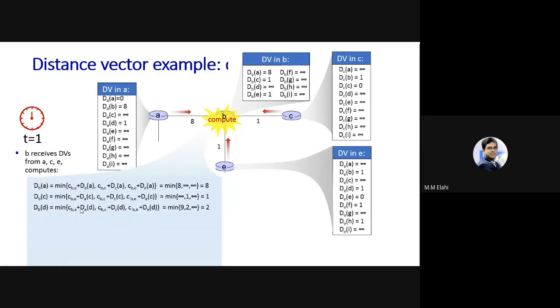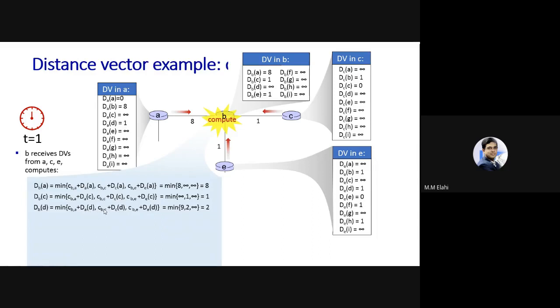So when I say D, A to D, B will know I have to find this value from A's advertisement. So from all possible values advertised by A, it will find D, A to D equals 1. So it will put 1 here. So it's C B to A, that is 8 plus 1, 9.